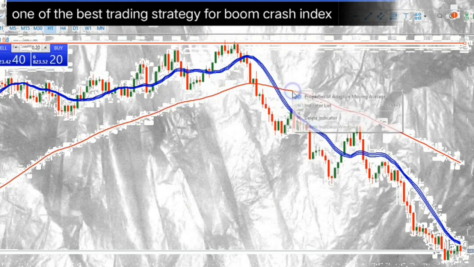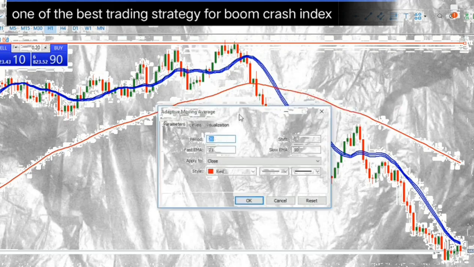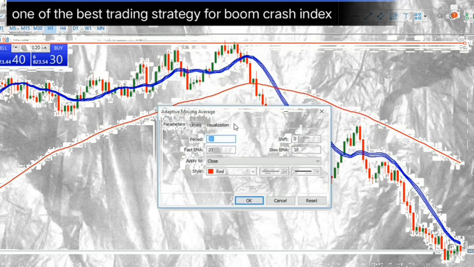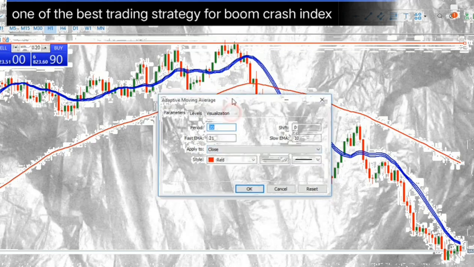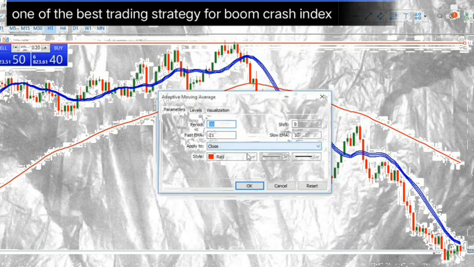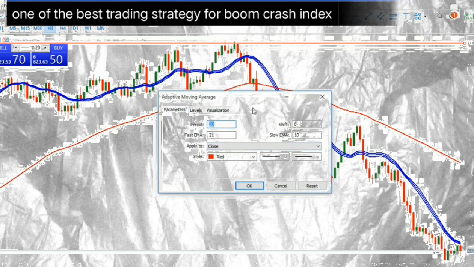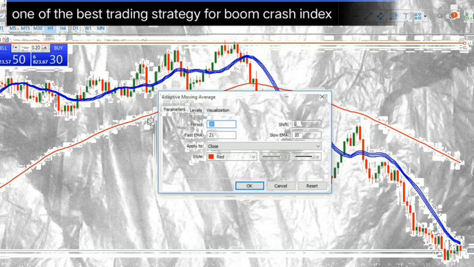And this one here is the adaptive moving average. I'm using period 21. You may ask me, how do I apply this using my smartphone? It's very simple. If you have your moving average, you have to apply this whole thing together.